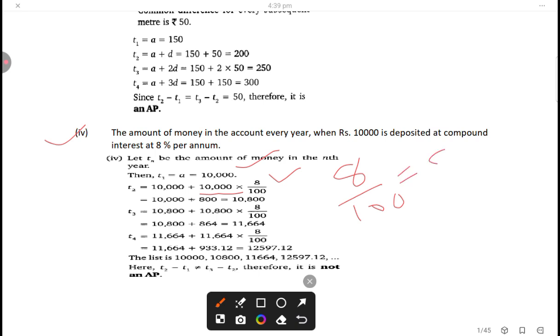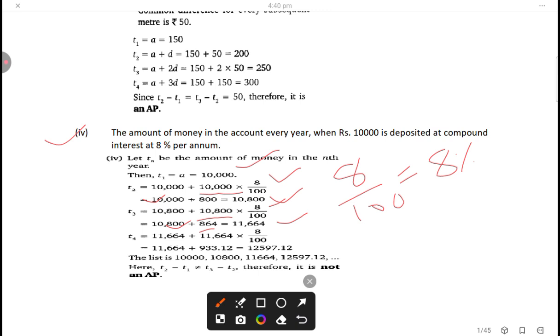So if you multiply with this, you will get 10,000 plus 800. Then the second term 10,800, then 10,800 multiplied by 8 by 100, you will get 864. That is added up, 11,664.